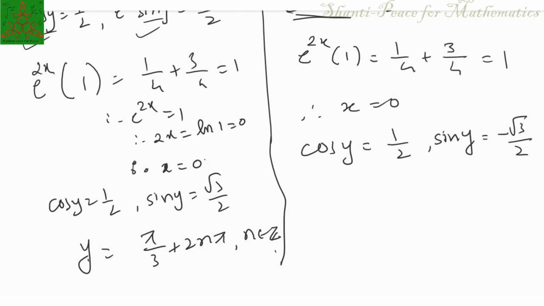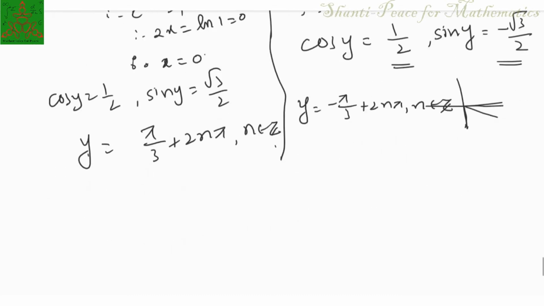Now here cos is positive and sin is negative. That means x is positive and y is negative, so your point is in the fourth quadrant. So your angle will be minus pi by 3 plus 2n pi, where n belongs to z.